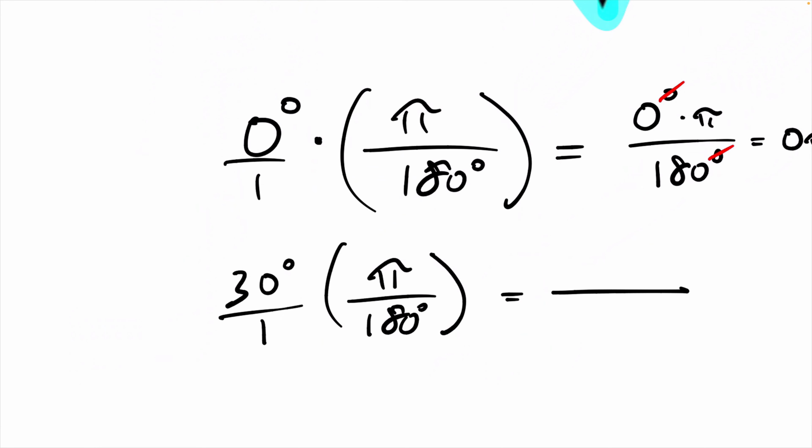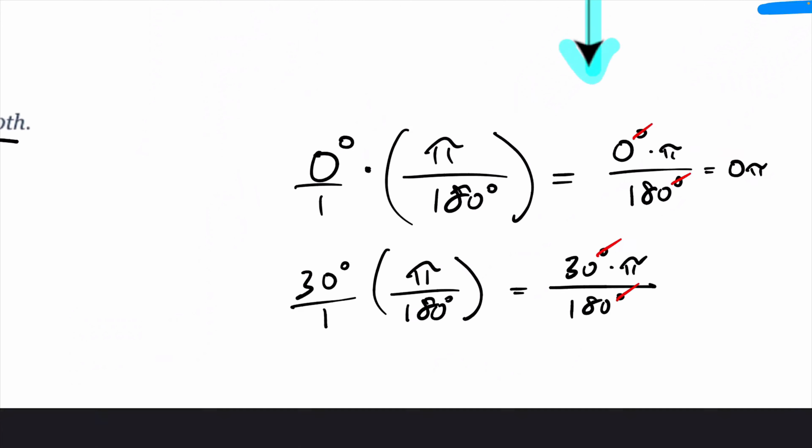Multiply straight across. 30 degrees times pi, 180 degrees. Look for things that cancel out. Look for things that reduce. Degrees reduces. Go to your calculator.